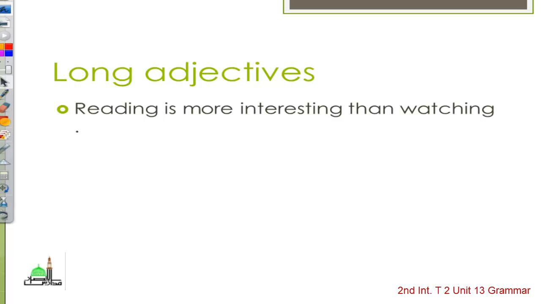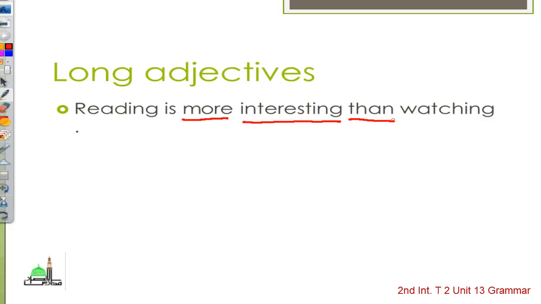Reading is more interesting than watching TV. What can you see here? Interesting is my adjective. What happened to it? Did I add ER? No, we don't need ER, but we need more interesting. Again, we keep than.